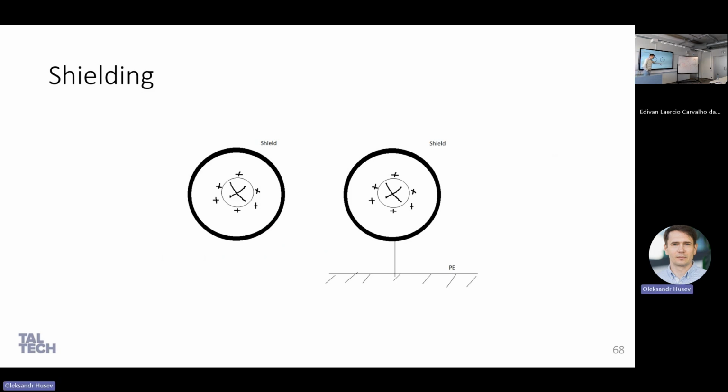Yeah, in one case grounded, in one case not grounded. Just imagine you have a DC electric cable with high voltage, for example 800 volts.